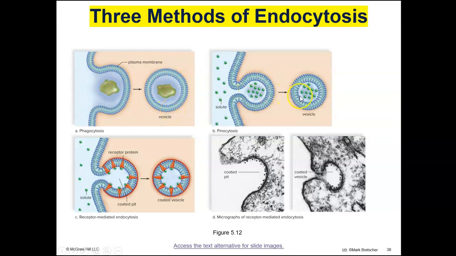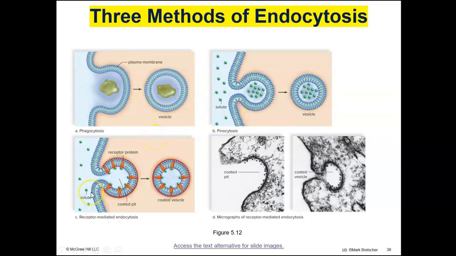When that same process forms a vesicle around a liquid that has small solute molecules dissolved in it, we call it pinocytosis, or cell drinking. Phagocytosis is cell eating.